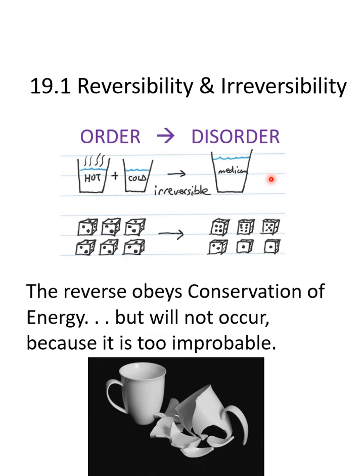But spontaneously, that separation into hot and cold, that reorganizing of the dice, that putting back together of the mug, doesn't happen. So all those reverse processes can obey conservation of energy, but they will not occur because it's way too improbable.